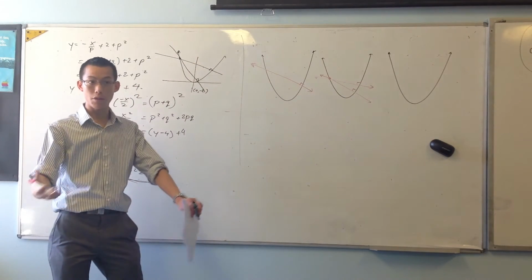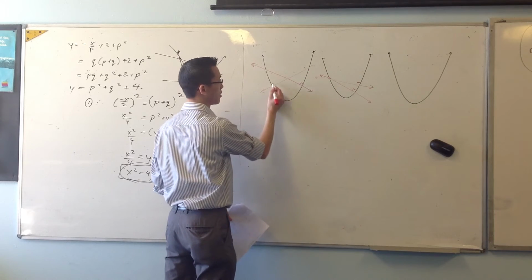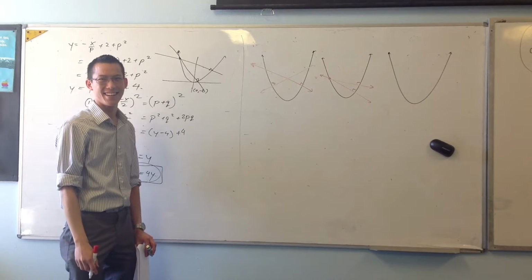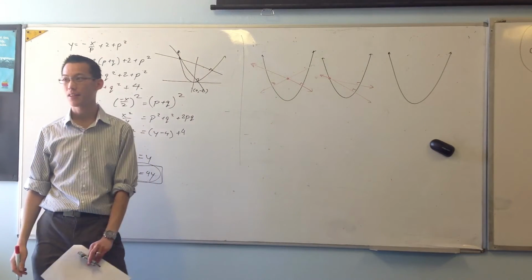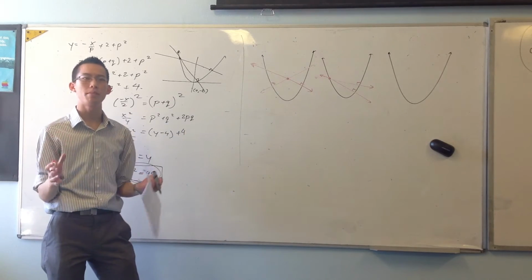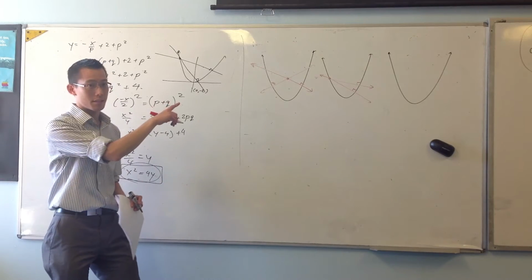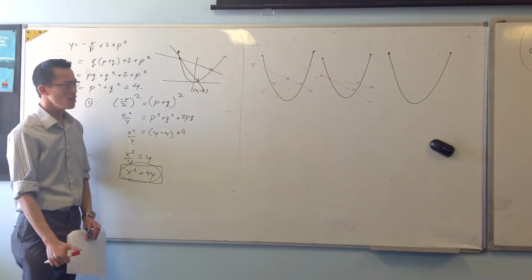But if you take the normal from the opposite direction, you flip it over, quite clearly the normals intersect within the parabola. We're trying to make geometric arguments that apply to all kinds of normals, and you'll see why it's important in a minute.